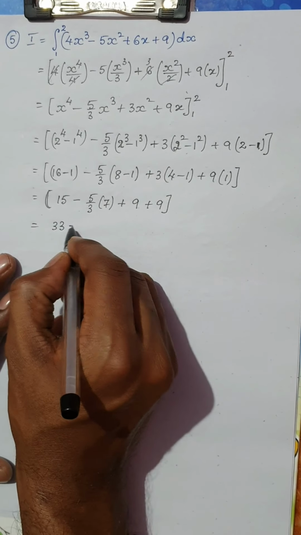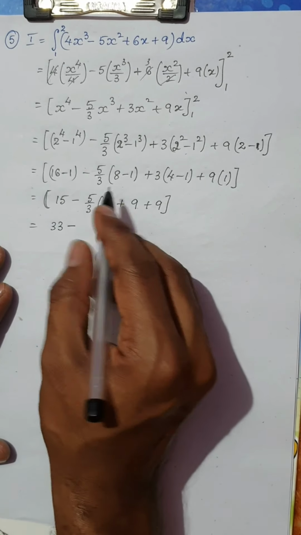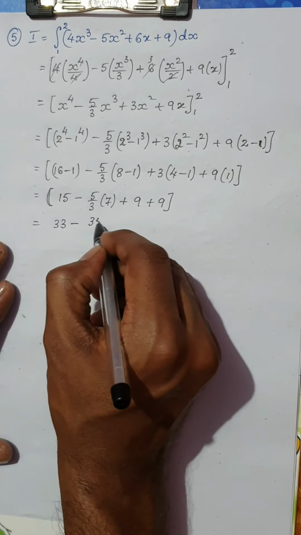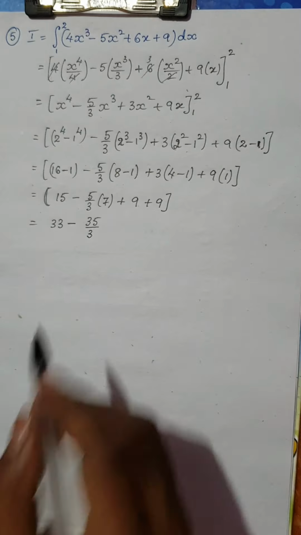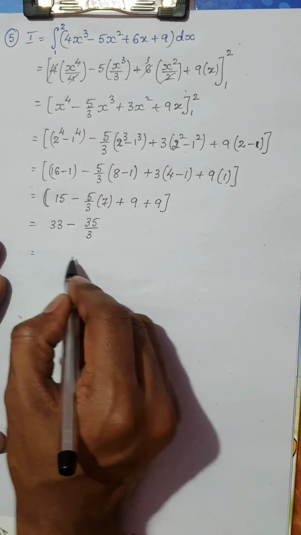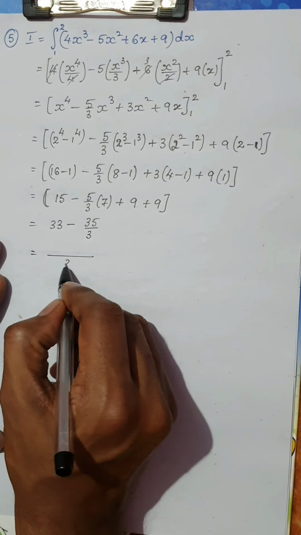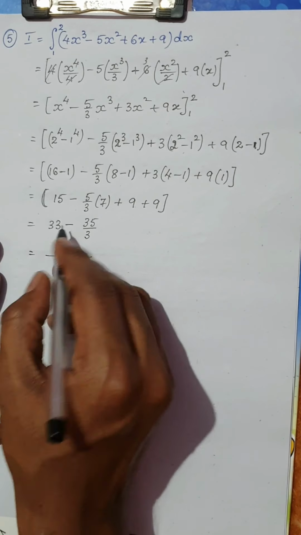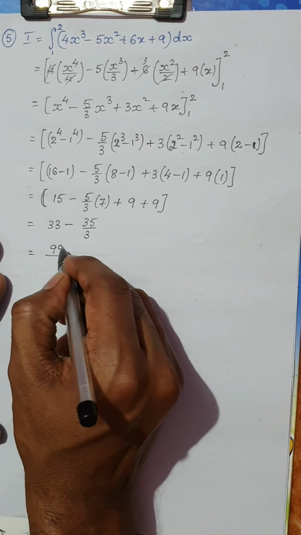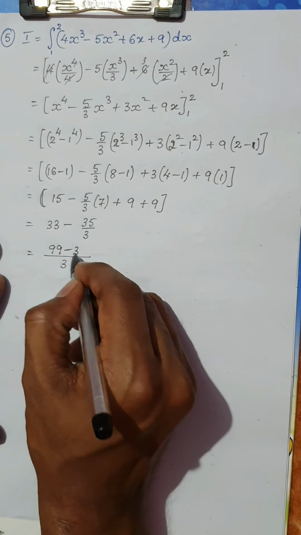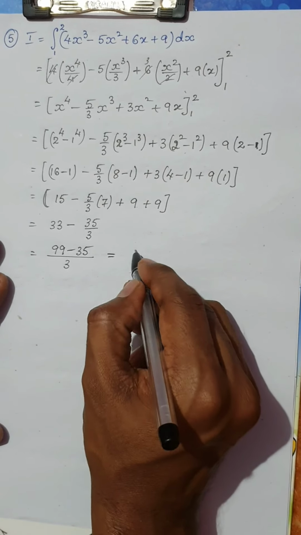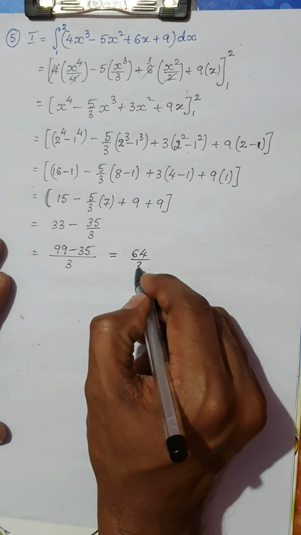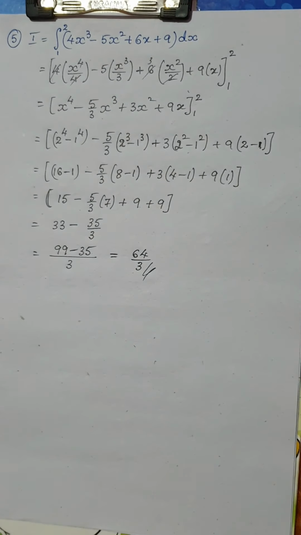Okay, so 33 minus, so this would be 7 5s are 35, divided by 3. Is it clear? So if you take the LCM, the LCM would be 3, and if you cross multiply, you will get 33 3s is 99, minus 35. So if you subtract this, you will get 64 divided by 3 as the final answer for the given integral.